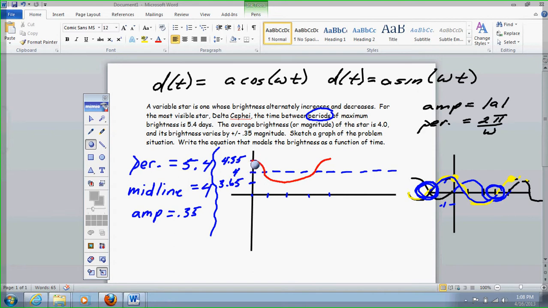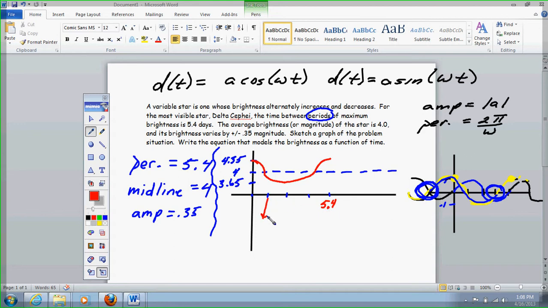Now all I've done is I've sketched one period of the cosine curve, which is that basic U-looking shape. But now, if I need to find these critical value points, well, my period is 5.4. So that goes here. So how do I find these other values?